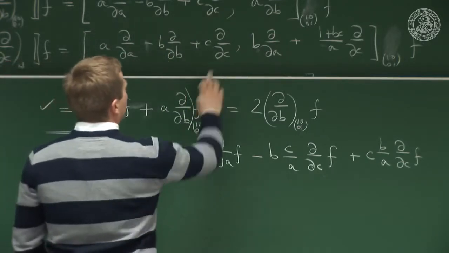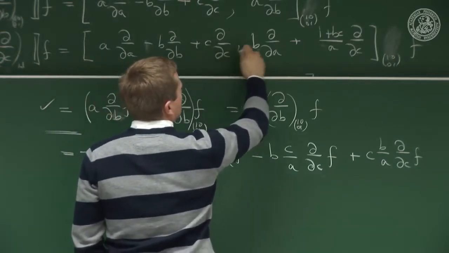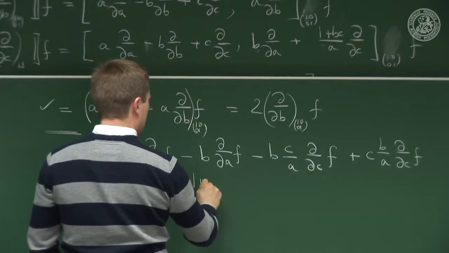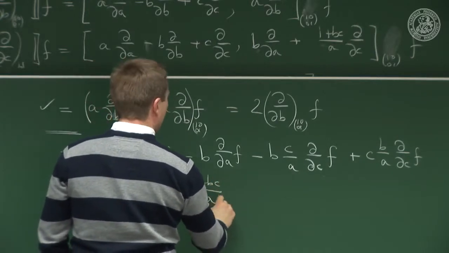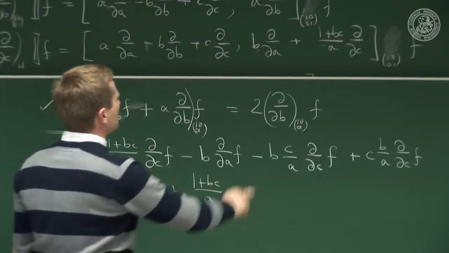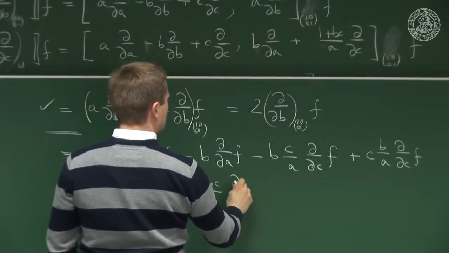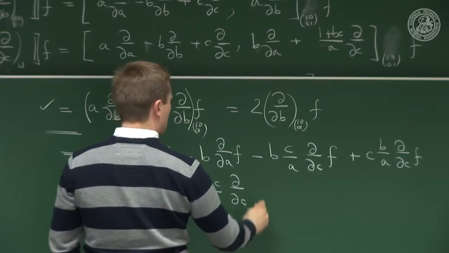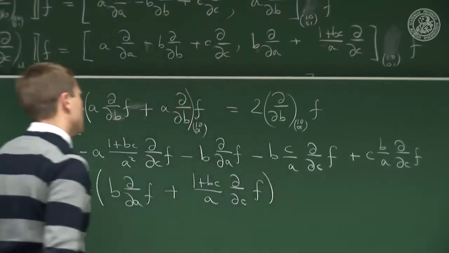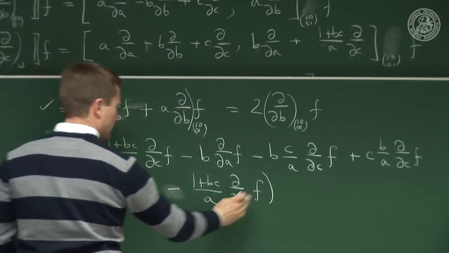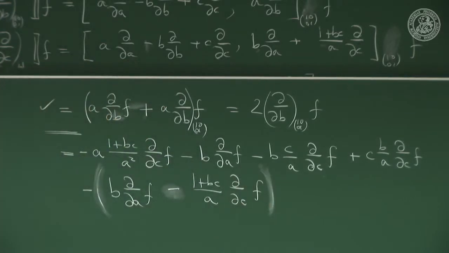And on the others, it only acts trivially. So now let's take this gentleman here. It's 1 plus bc over a. Can non-trivially act only on this one, so you get a d by dC of f. That's it. Okay, so the brackets are not really needed. We have this under control. There's a minus sign here as well.